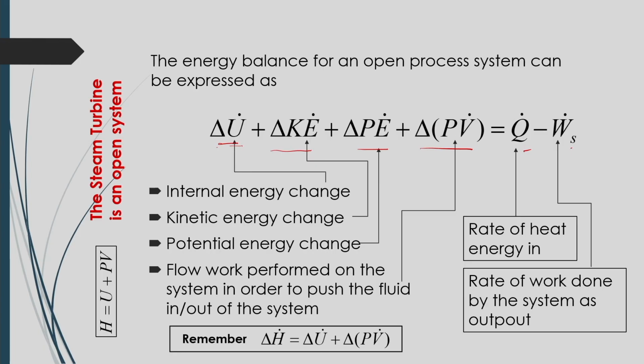And you have to remember that the summation of the internal energy change and the flow work performed on the system is regarded as the enthalpy of the system. So, the enthalpy change is defined as delta U dot plus delta PV dot. This delta H dot is called enthalpy change. So, the enthalpy will be equal to internal energy plus pressure times volume.